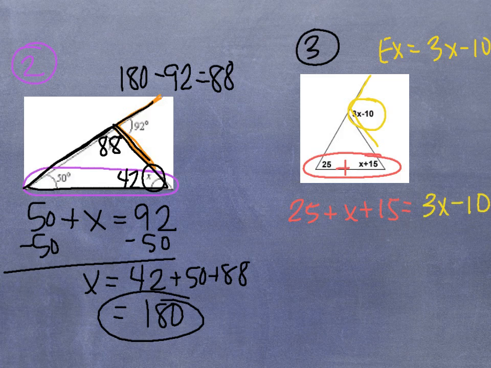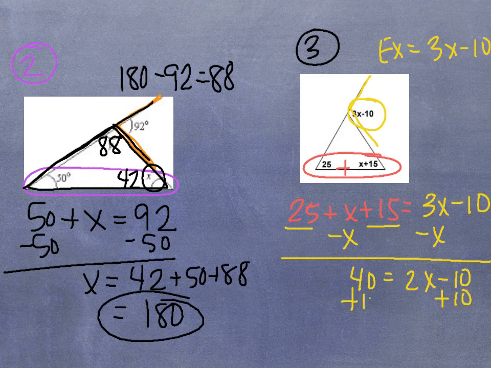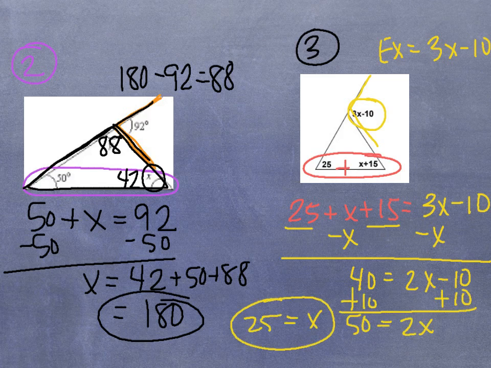So now it's just an equation and we solve for x. I'm going to subtract the x here to start and combine my like terms at the same time. So I'll get 40 equals 2x minus 10, add 10, and I'll get 2x equals 50, and then x will equal 25. Just to double check ourselves, let's plug it back in.